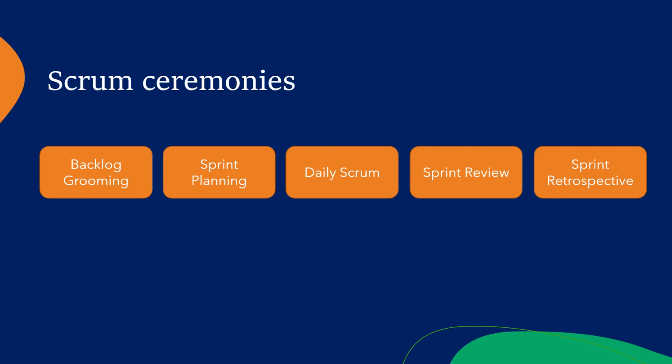Sprint review takes place at the end of the sprint to gather actionable feedback on what the team has completed. It produces a coded, tested, and usable piece of project deliverables.